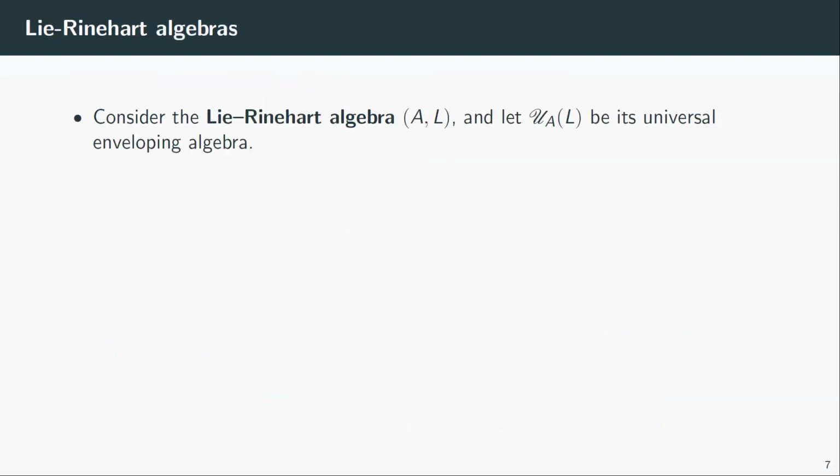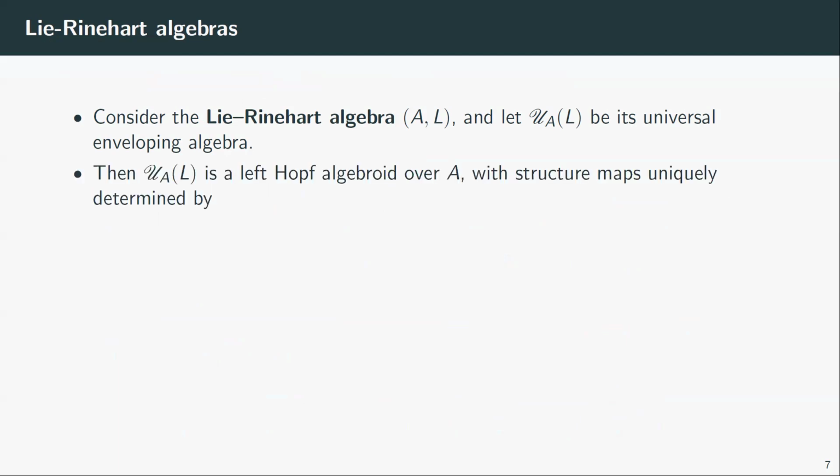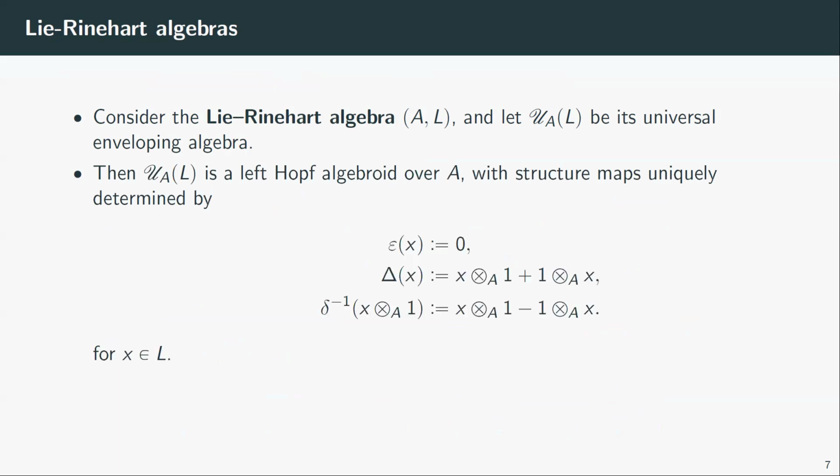The typical examples of Hopf algebroids are Lie-Reinhardt algebras. So it is a left Hopf algebroid with the co-unit and the co-multiplication defined in such a way that the elements of the Lie algebra L are primitive inside the universal enveloping algebra.